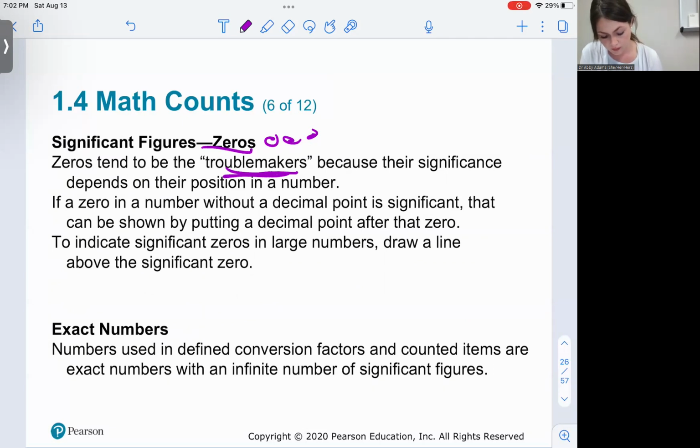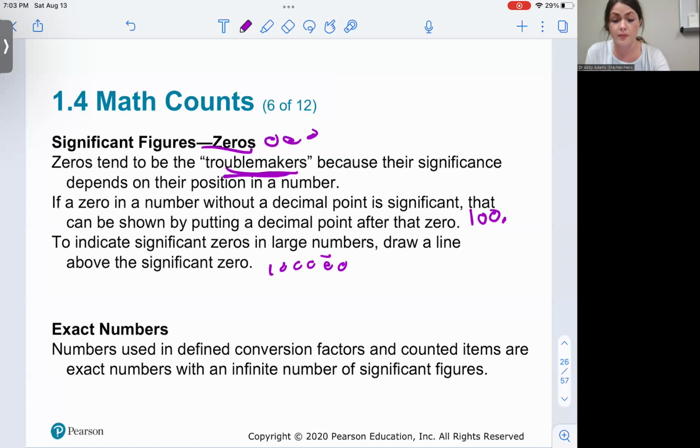If you write this ordinarily, that's one significant figure. But if you want those zeros to be significant, you just put a decimal point after it. To indicate significant zeros in large numbers, you draw a line above the significant zero.